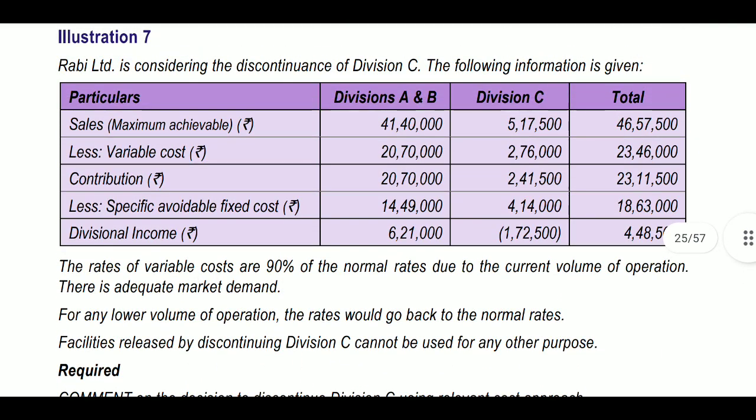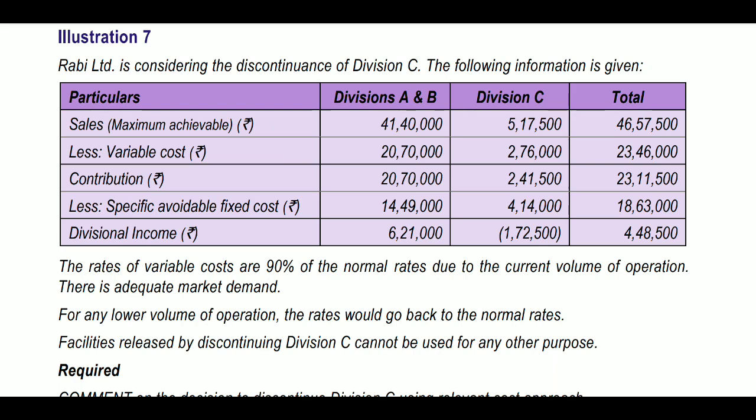So here we get a 1,72,500 loss, the normal loss. If we close, what loss will we get? The variable cost will increase. How much will it increase? We will see that, and based on that we will calculate the expected loss.